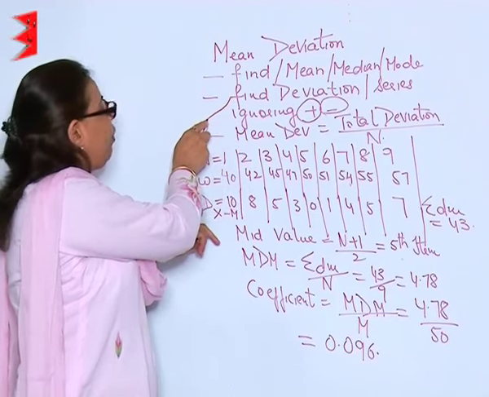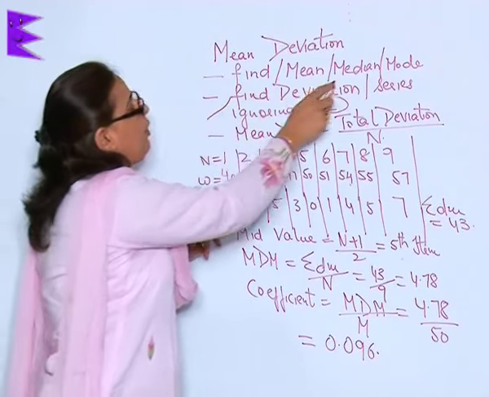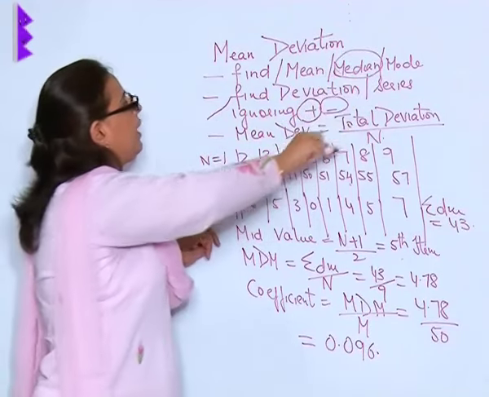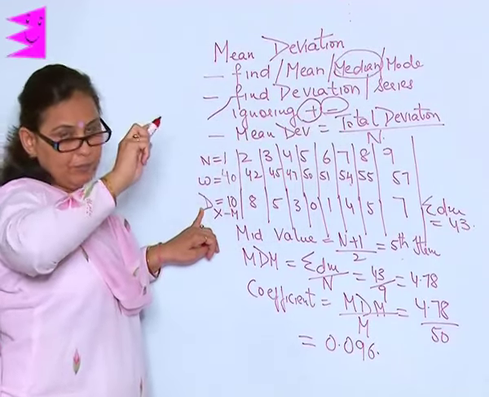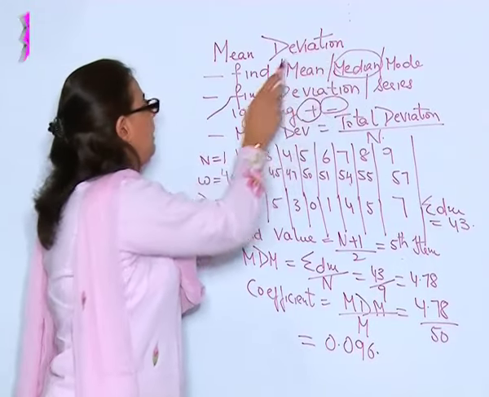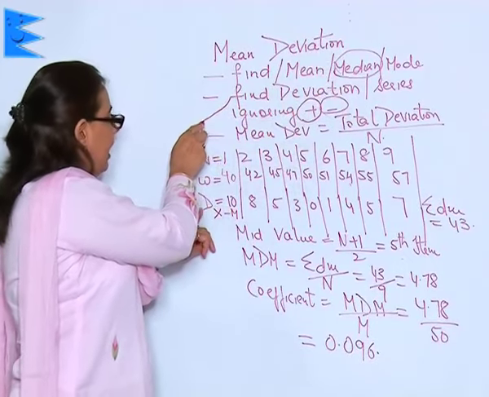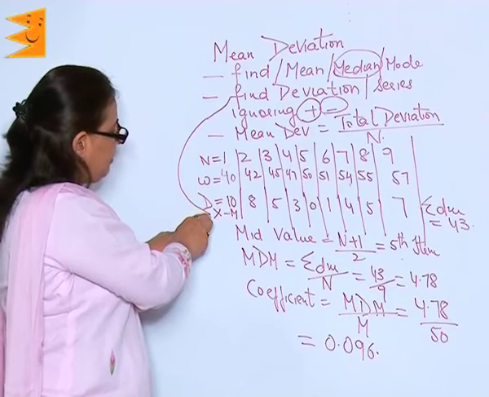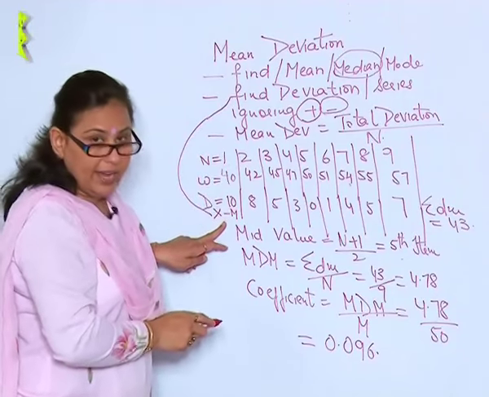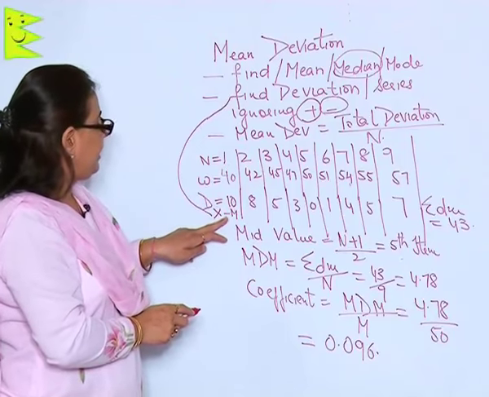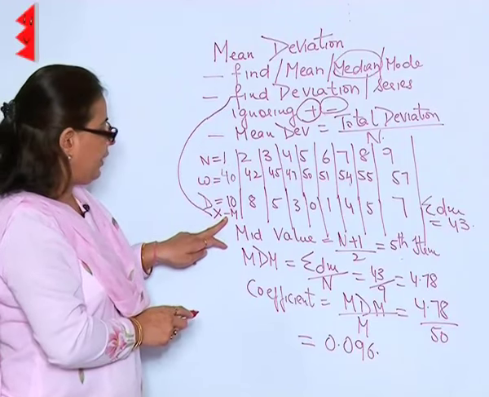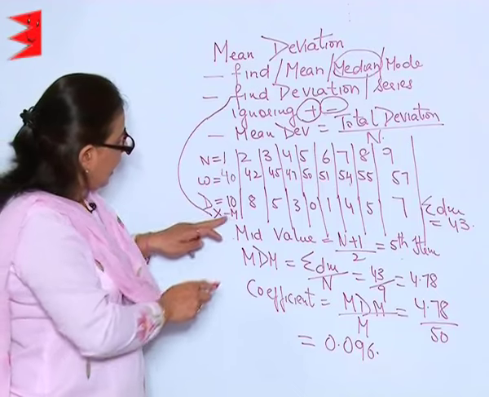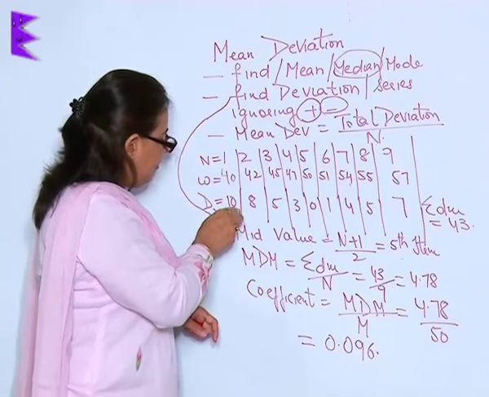As I said, I am trying to find out the mean deviation through the median method, and in this I will be finding out the deviation. In order to find out the deviation, the formula which I have to apply is x minus M, which means I will have to find out the middle value.